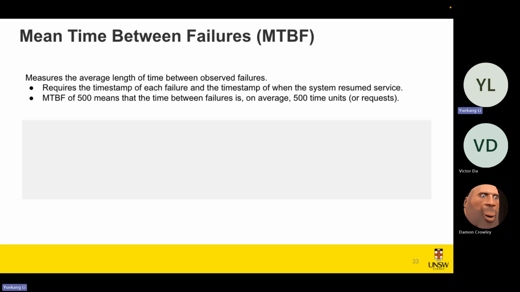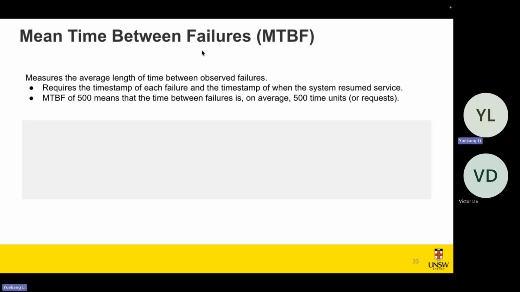This one actually requires us to log the timestamp of each failure, right, in order to calculate. And a mean time of 500 means that the time between 2 failures is 500 time units. So it depends on the time unit, similar to the previous one.